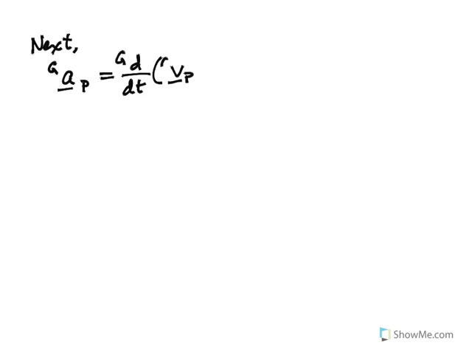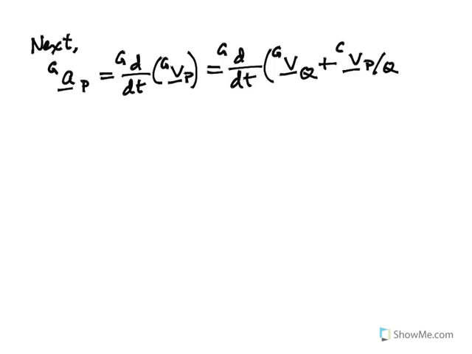Now, we need the acceleration. So the acceleration of point P as viewed by an observer fixed to the ground is equal to the rate of change in the ground of the velocity of point P as viewed by an observer fixed to the ground. But that's equal to the rate of change in the ground of the velocity of point Q plus the velocity of P relative to Q, as viewed by an observer fixed to the ground.